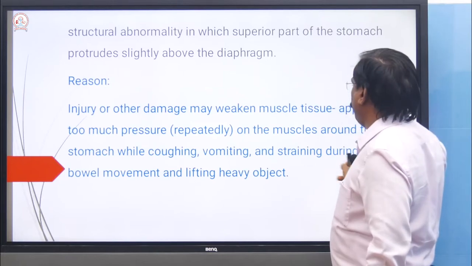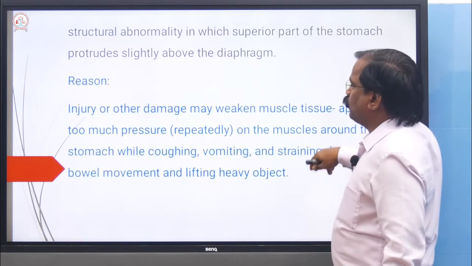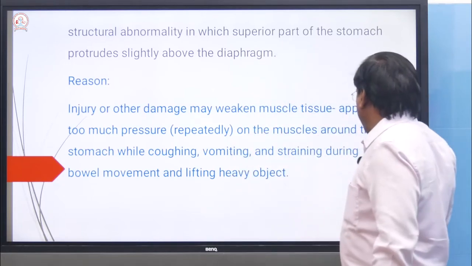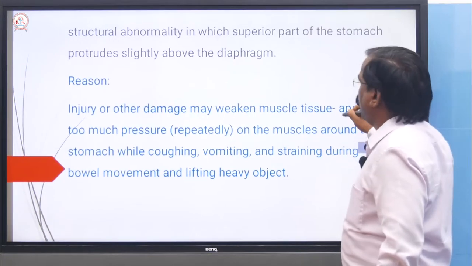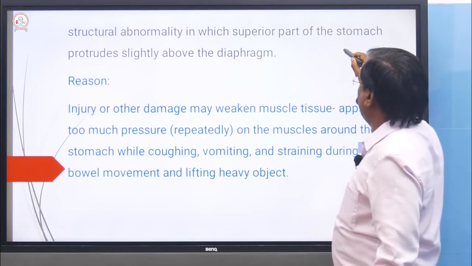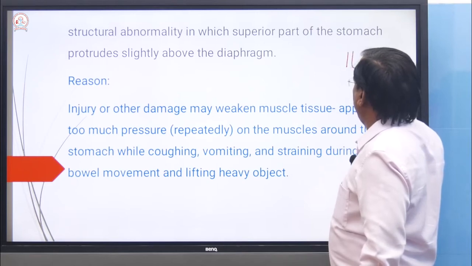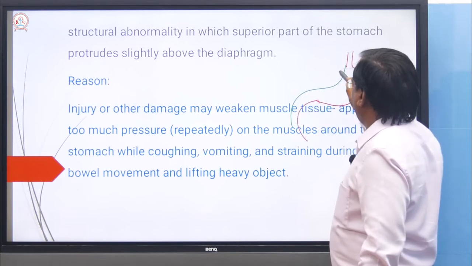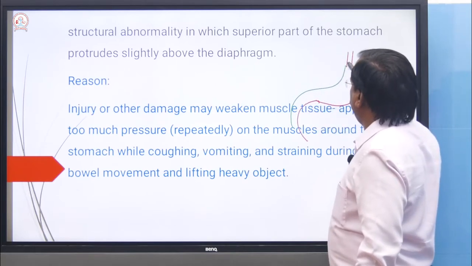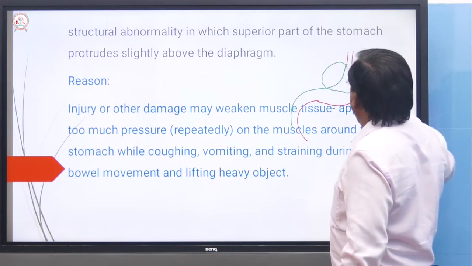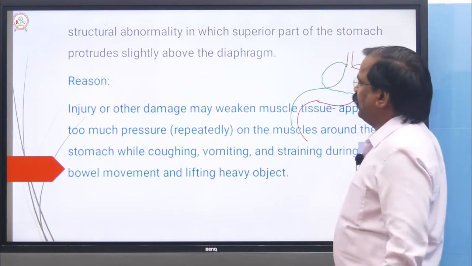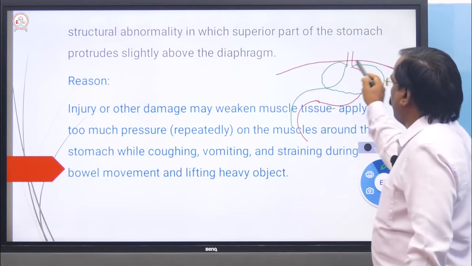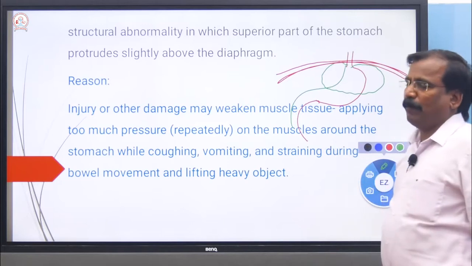That superior part of the stomach gets damaged. This is the stomach. Here, this region, the superior part of the stomach, gets damaged and protrudes. Here there is a diaphragm, you know, that is a membrane.